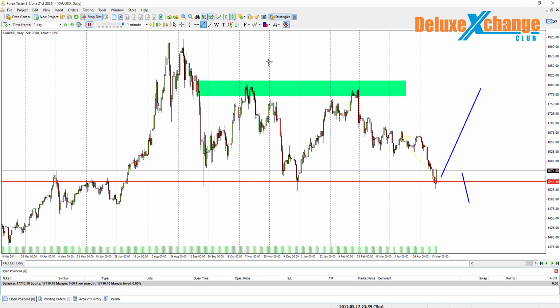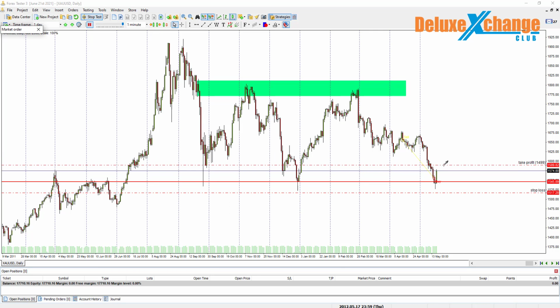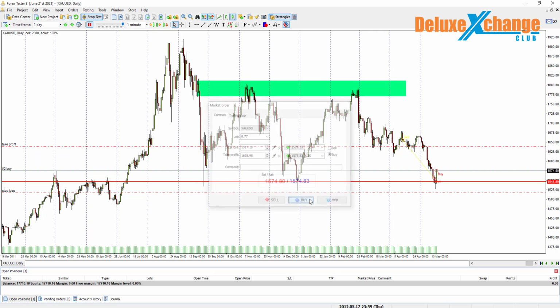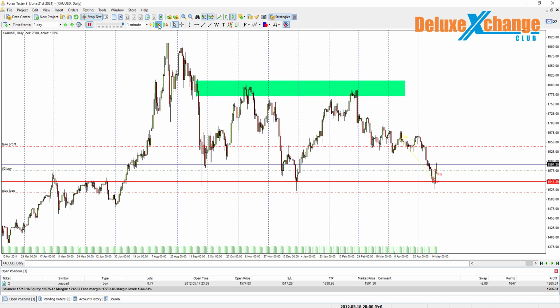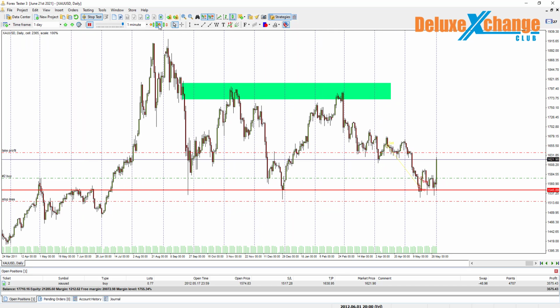Because as long as we don't come out of the range, I'm going to expect the market to be bullish. If we break below, I need to see a rejection, a pull back to the level, then reject, and then fall. All right, so for now, we have a nice bullish engulfing candle there. Morning star pattern, I want to buy that, and my target is going to be that first level there that this market could potentially reject at.